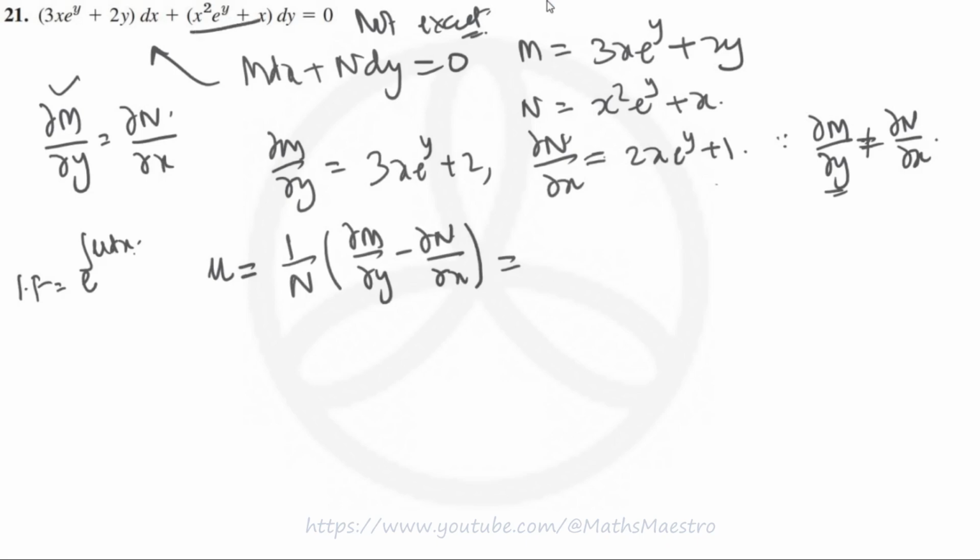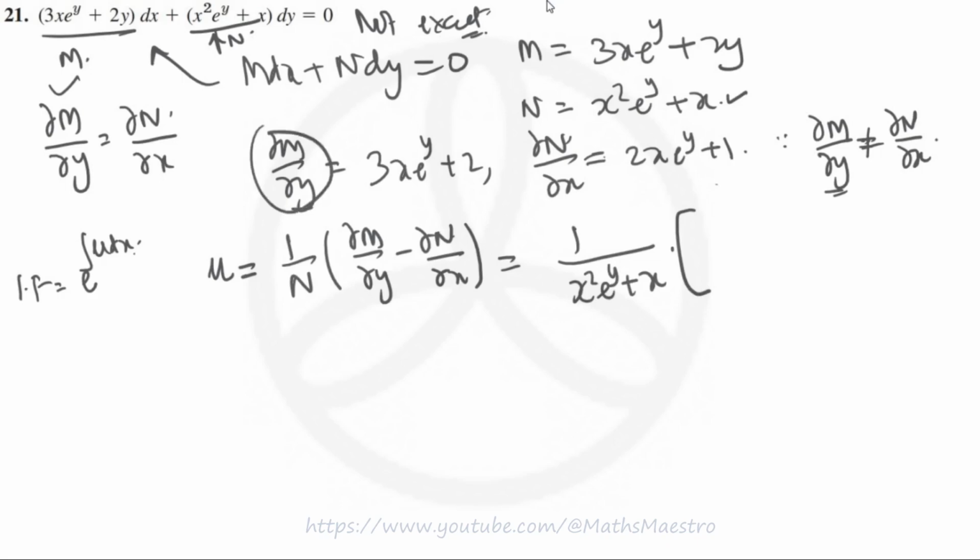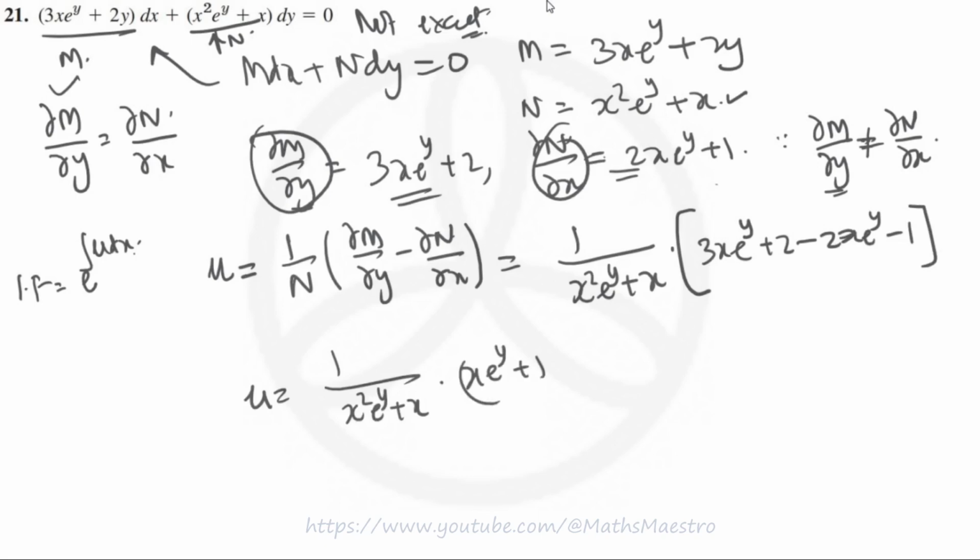N is this, M is this, and we have 1 by x square e to the power y plus x, and then delta M minus this. This minus this will be 3x e to the power y plus 2 minus 2x e to the power y minus 1, and this will give us x e to the power y plus 1.